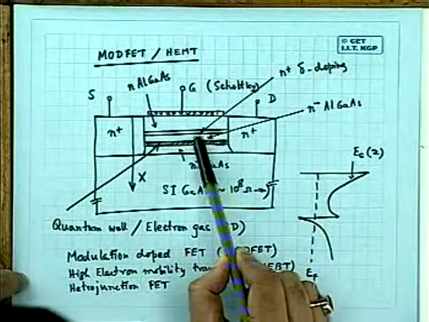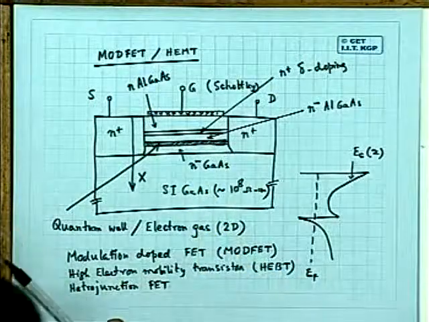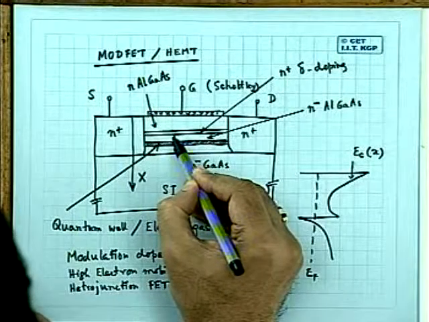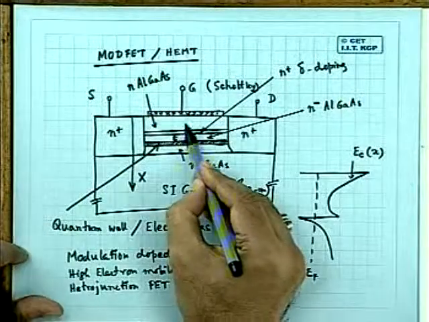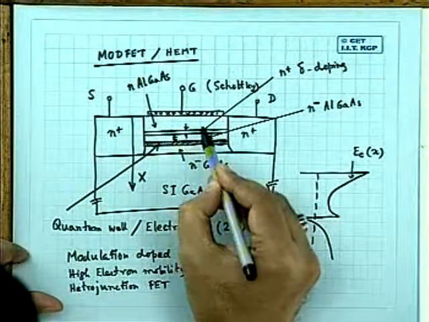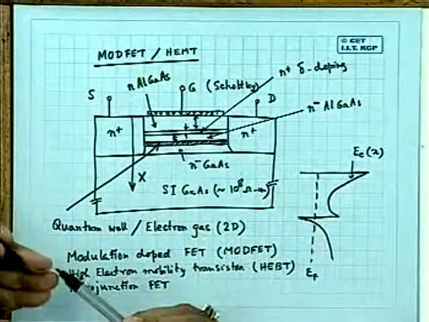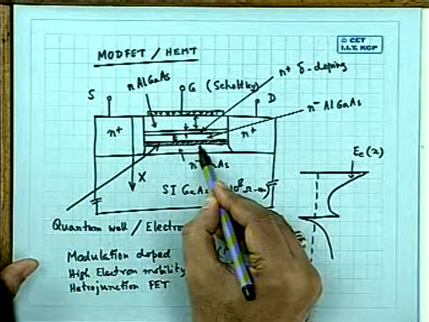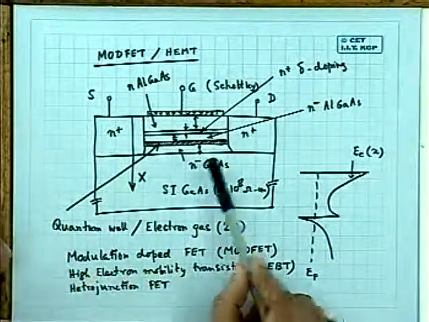And of course, these thicknesses are also very small, where this thickness may be around 100 to 200 angstrom. This is about 20 angstrom. The thickness here may be around 500 angstrom. This thickness is again around 200 to 400 angstrom.